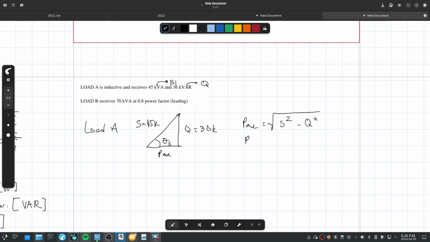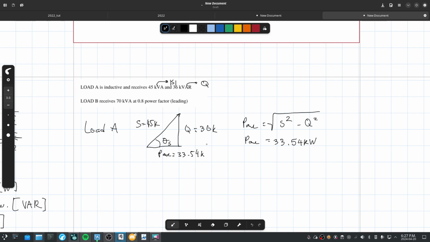If we write that out, we put 45 squared minus 30 squared into our calculator and get 33.54 kilowatts. Let's write that down: 33.54 K. And again, this is a triangle. You can verify this. Put in your calculator 33.54 squared plus 36 squared, and you will get 49.